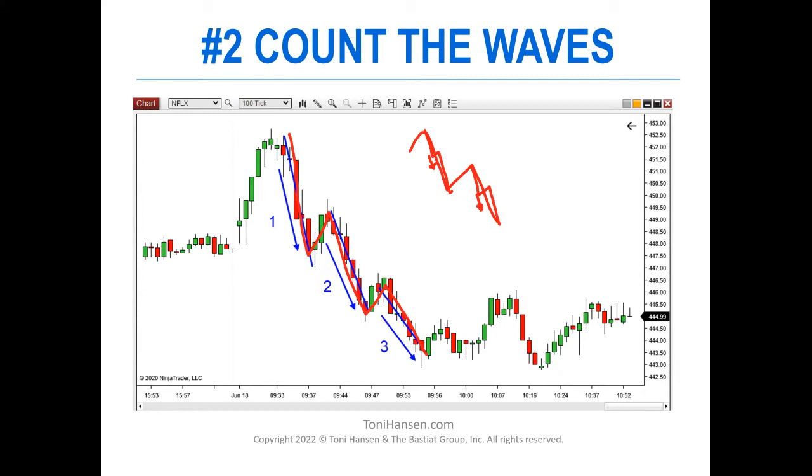Now, when we do have these three waves of primary trend direction, what often happens is that if you take this correction and add those together, they tend to make very typical correction zones.